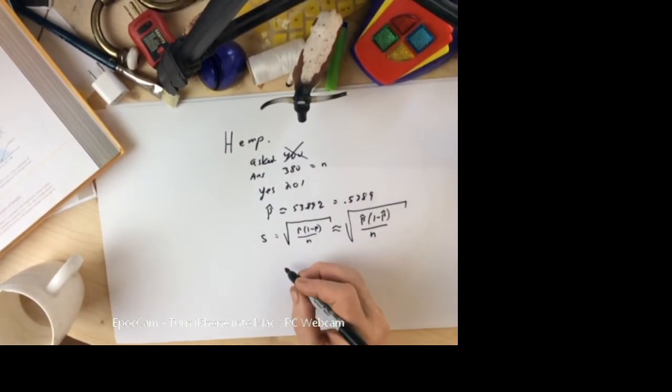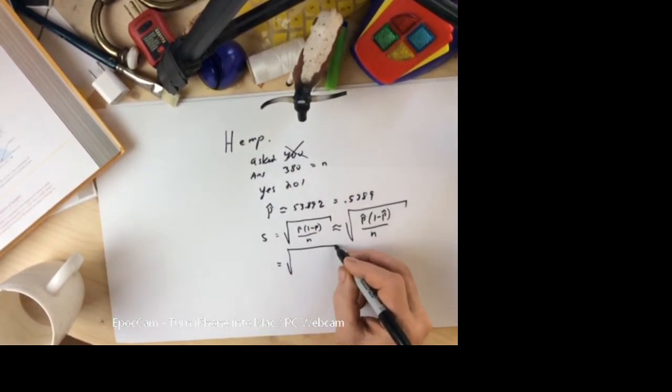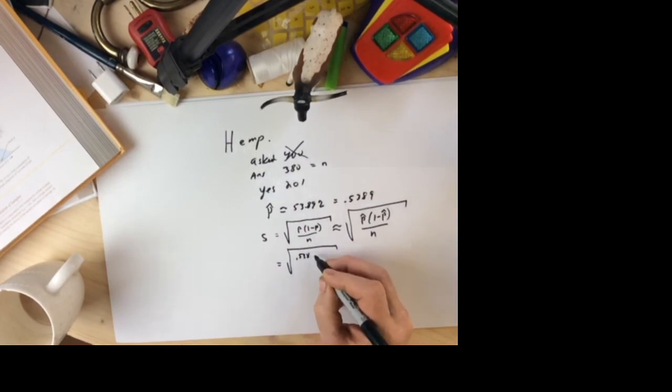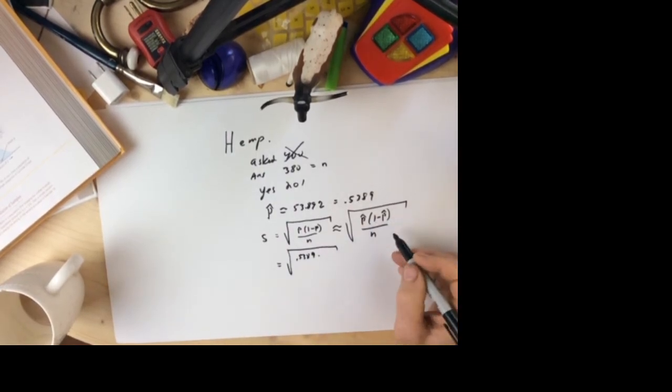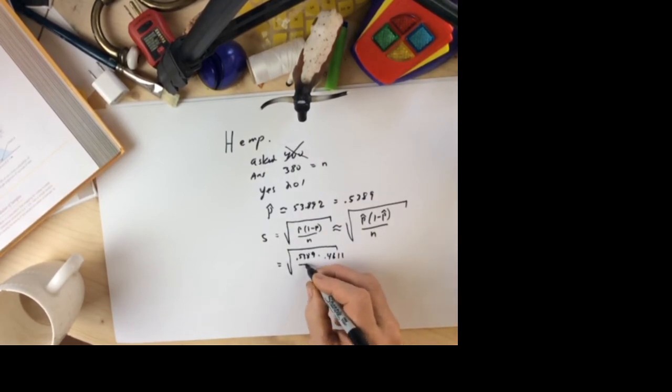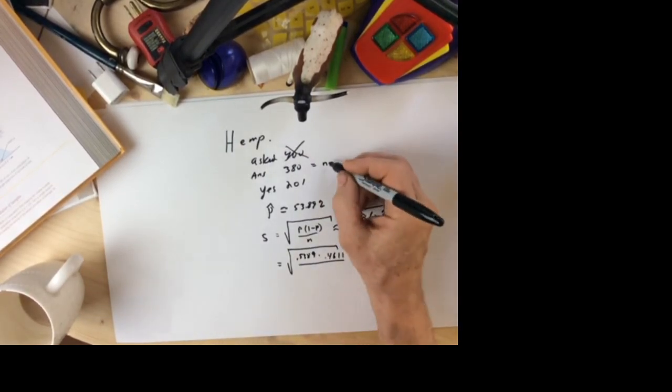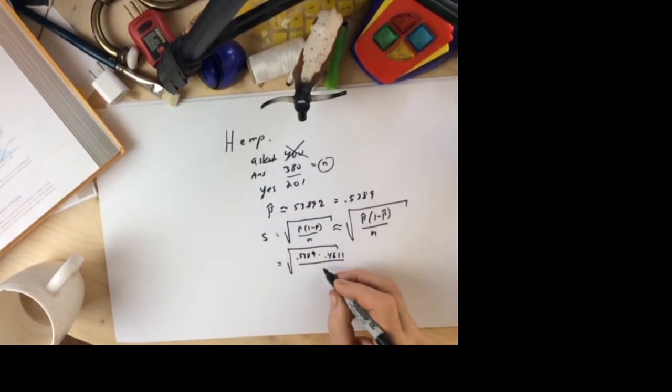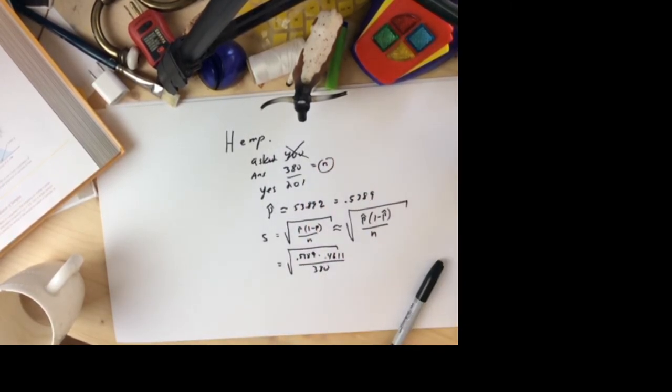So I'm going to put this into a calculator in this case. So I have 0.5389. I'm going to multiply it times 1 minus that, which is 0.4611, divided by, in our case, the N that answered was 380. And I'm going to get this value. So here we go.